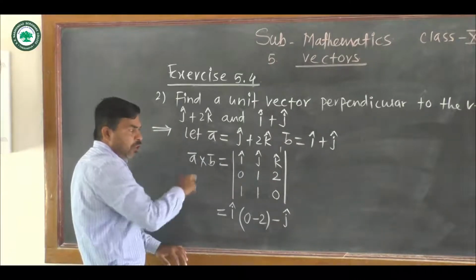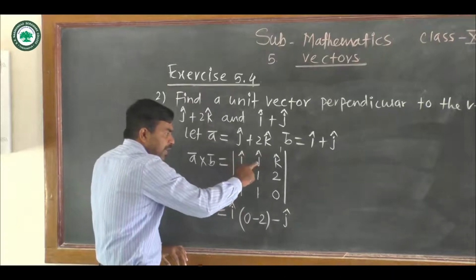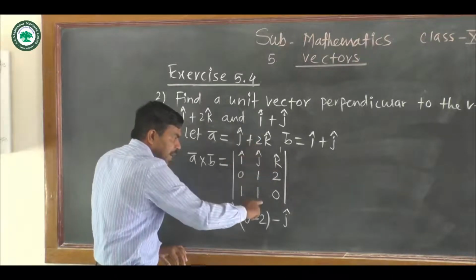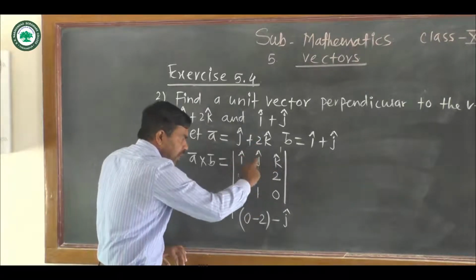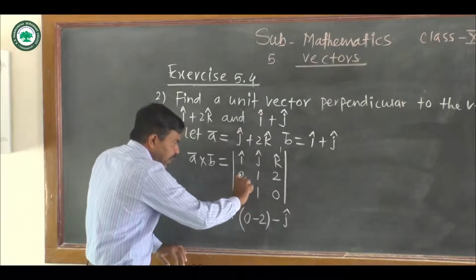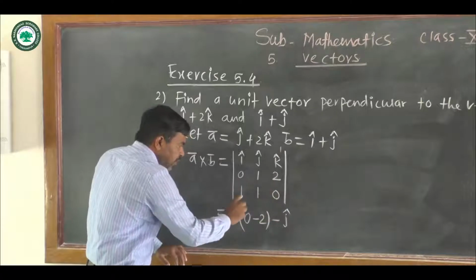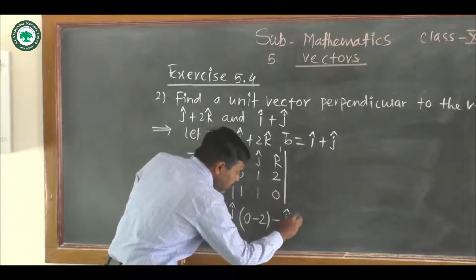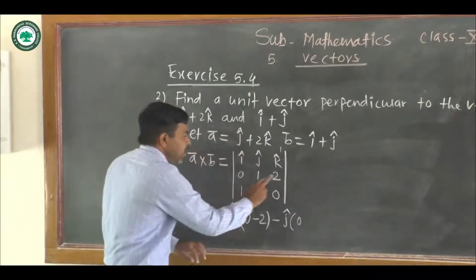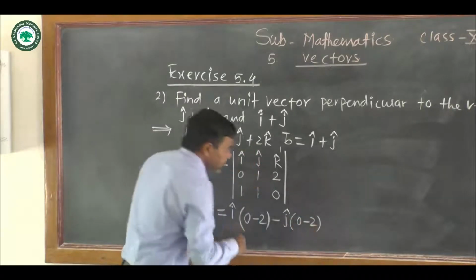Now leave the first row and second column, because j cap lies there; the remaining 4 elements are 0, 1, 2, 0. The determinant is 0 into 0, 0, minus 1 into 2, minus 2.